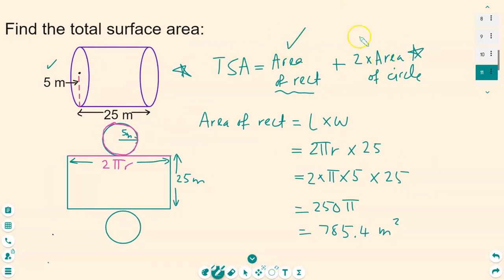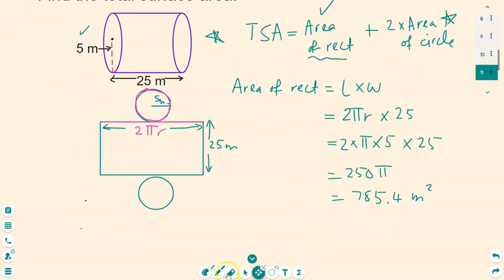And then we come over here. We've done that. Come back to our plan. Let's find the area of the circle. We're just sticking to our plan. Okay, 2 times area of circle. Well, what's the rule for just an area of a circle?